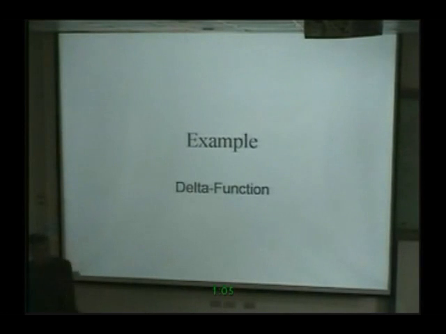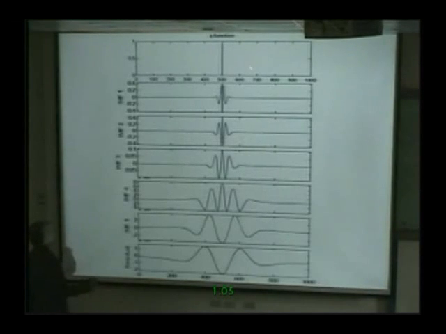Now finally we get to the delta function. Delta function should give us a flat spectrum. And will Hilbert give us a flat spectrum? The answer is yes. The delta function looks like this. You expand it out in delta, you get these different components.